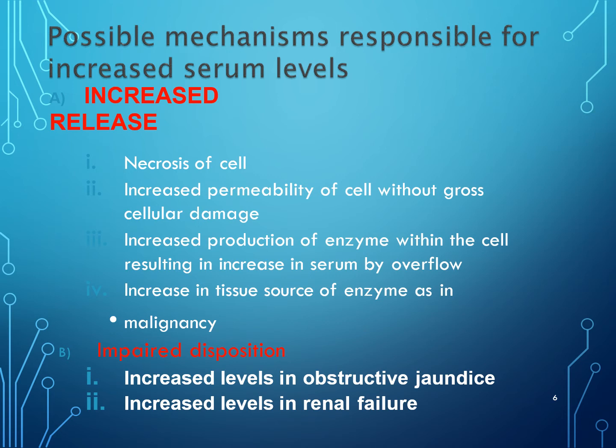An increase in the tissue source of enzyme may occur in malignancy. Apart from increased release, impaired disposition may also occur, as in obstructive jaundice or renal failure.